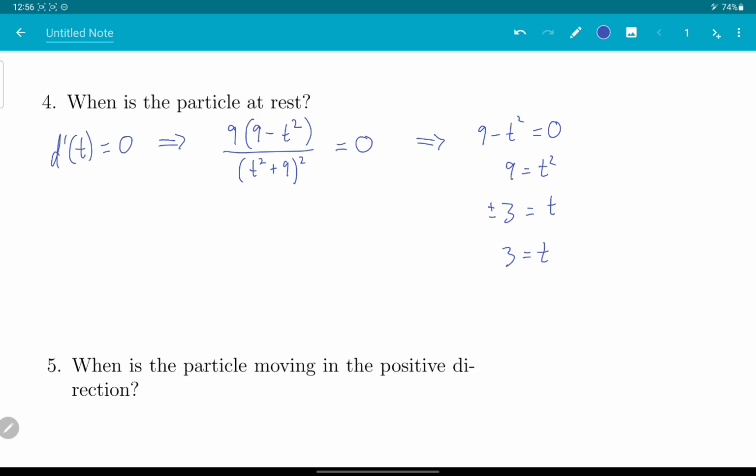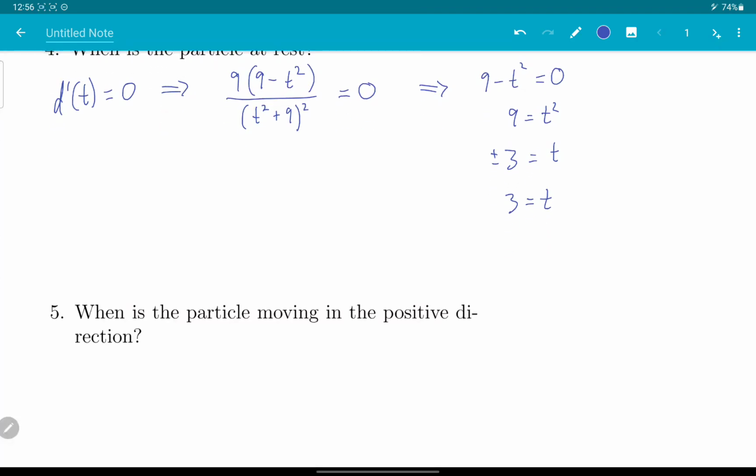When is the particle moving in the positive direction? So I want d prime of t to be bigger than 0. What does that mean? That means that this item here must be positive, bigger than 0.